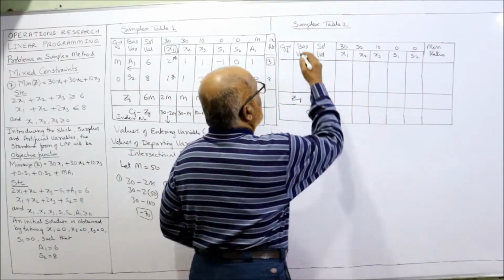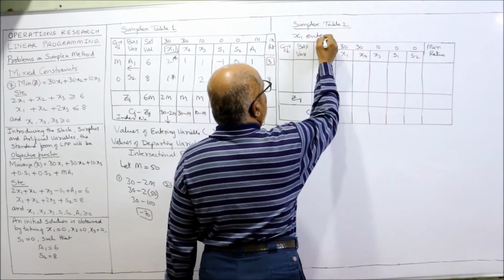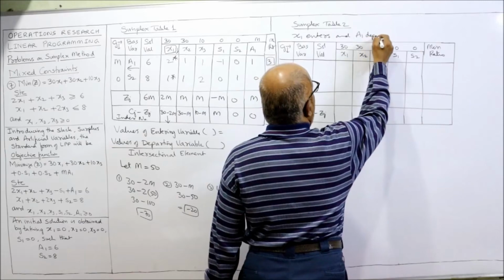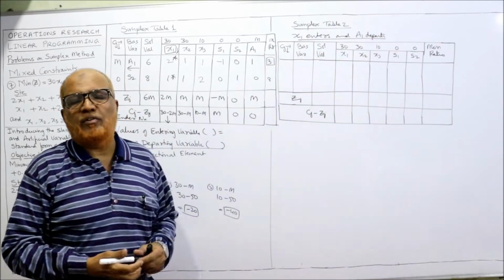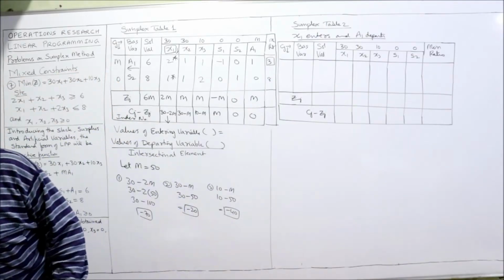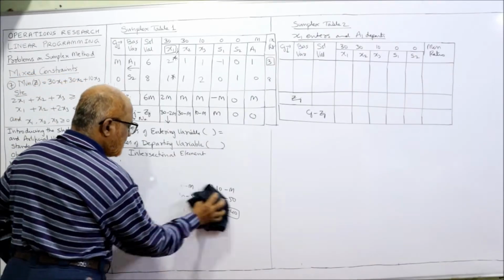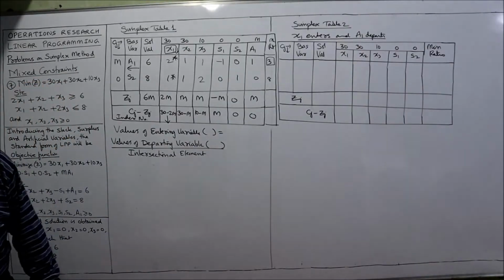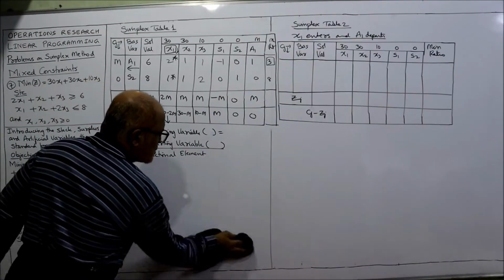So here I am writing simplex table 2. x1 enters and a1 departs. When a1 is departing, there is no need to open the column of a1. A1 column we don't require. It is departed. Right? Now, first we need to calculate the values of the entering variable.